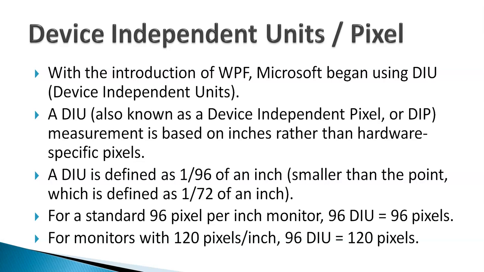And for monitors with 120 pixels per inch, 96 DIU remains common with respect to the pixel sizes. So if a monitor shows 120 pixels per inch, then 96 DIU is equal to 120 pixels.